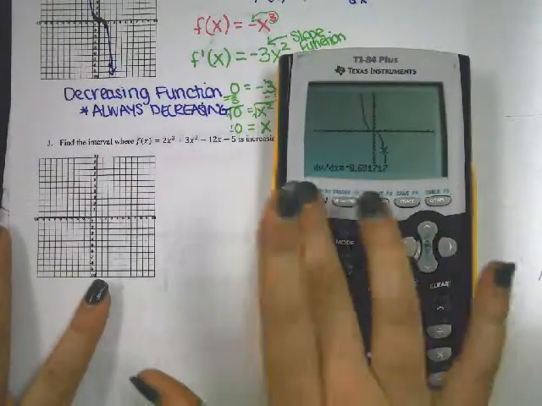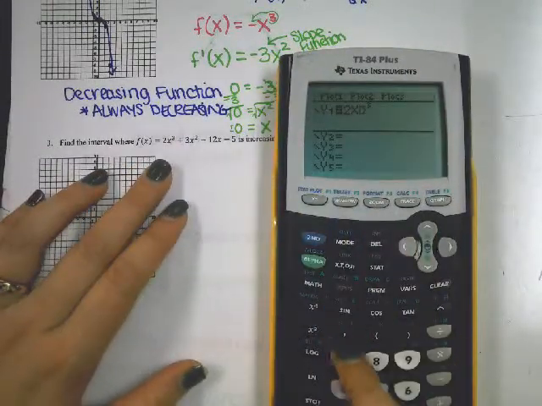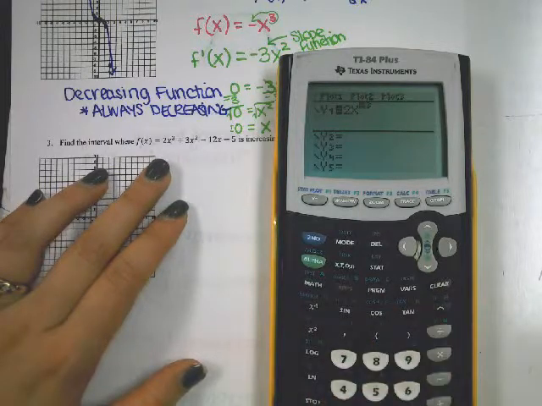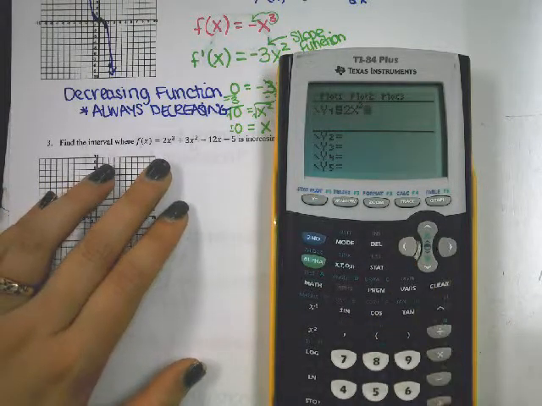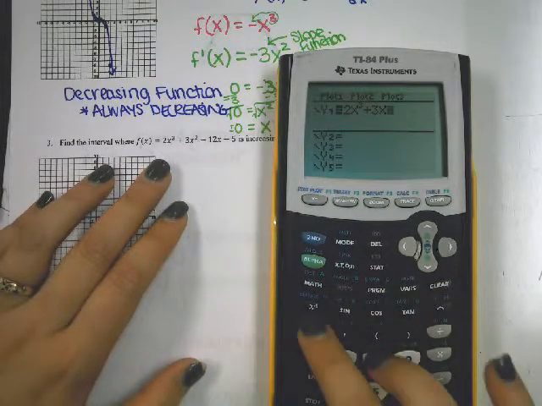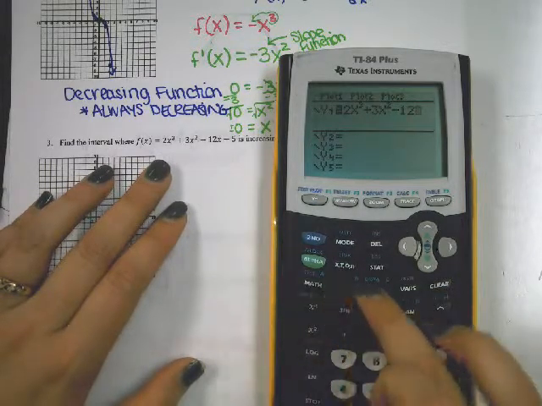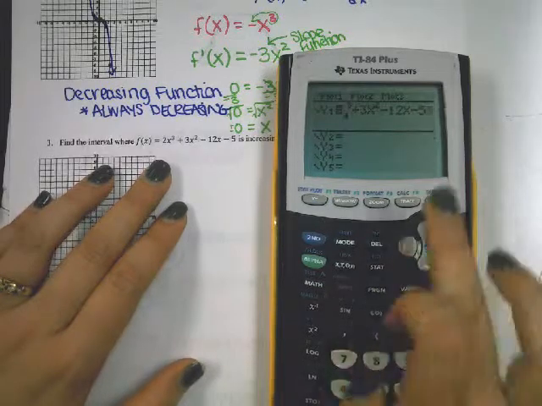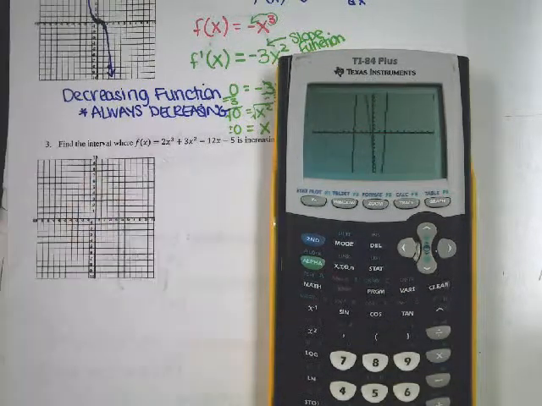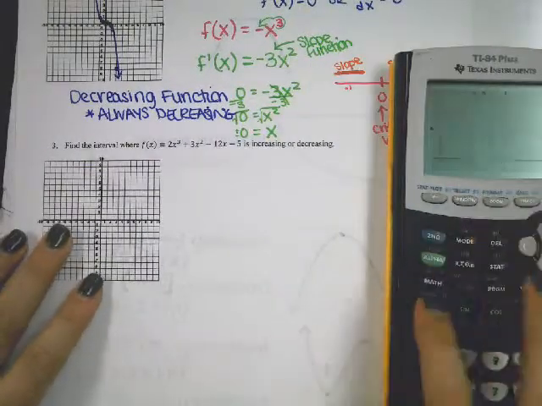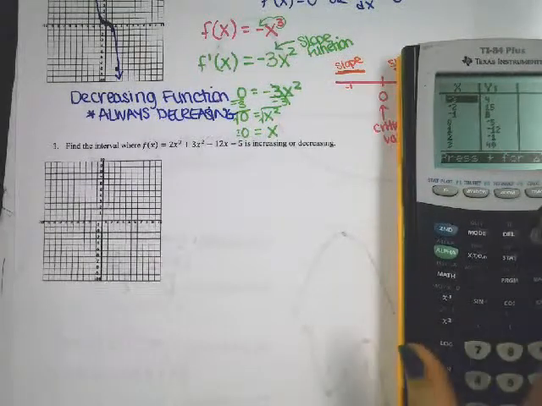So I'm going to graph y equals 2x cubed plus 3x squared minus 12x minus 5. Looks all right. I'm going to do second graph, and I'm going to plot my points.